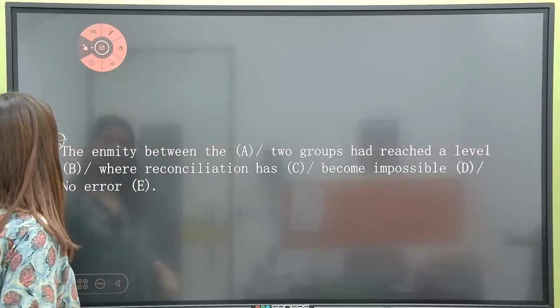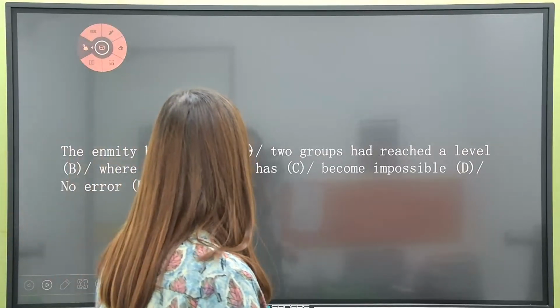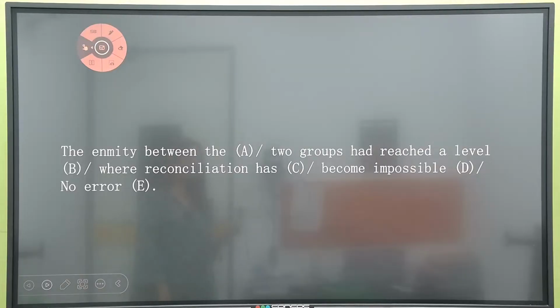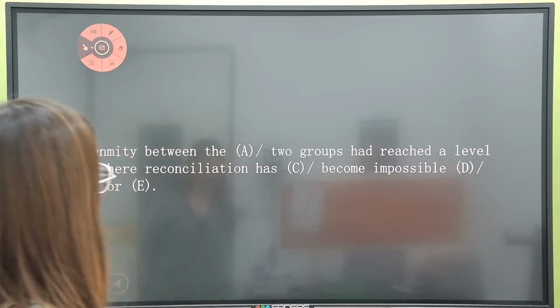Next, the enmity between the two groups had reached a level where reconciliation has become impossible.